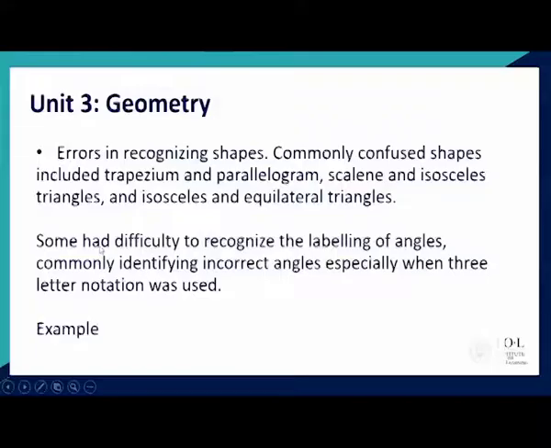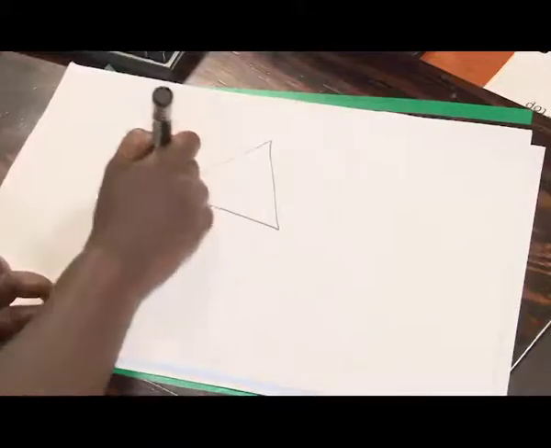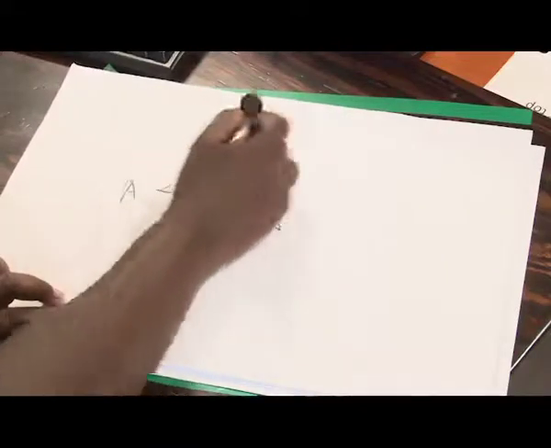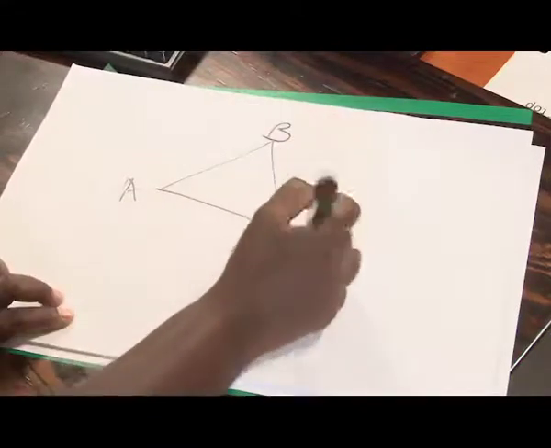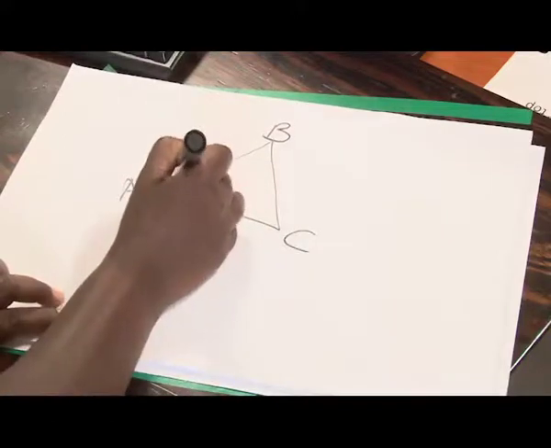And then some students have difficulties to recognize the labeling of angles, especially when the 3 notation letter is used. Let's say we have this triangle. Let's say it's triangle A, B, C, and we have to name this angle.